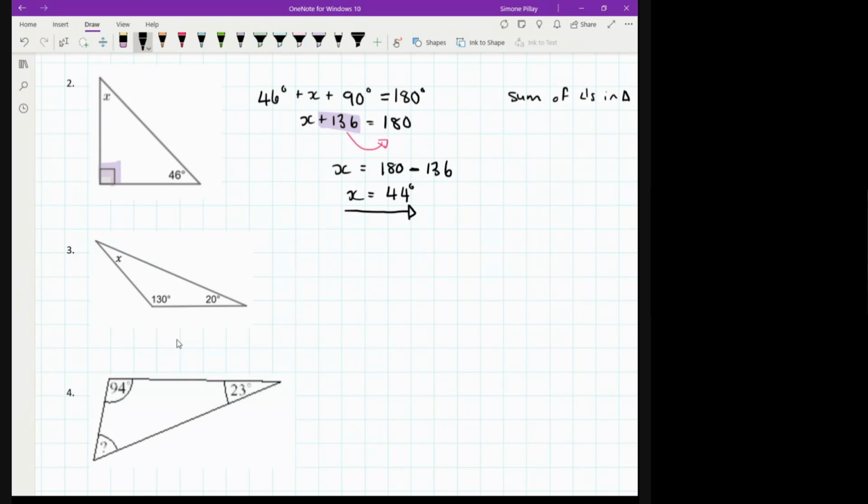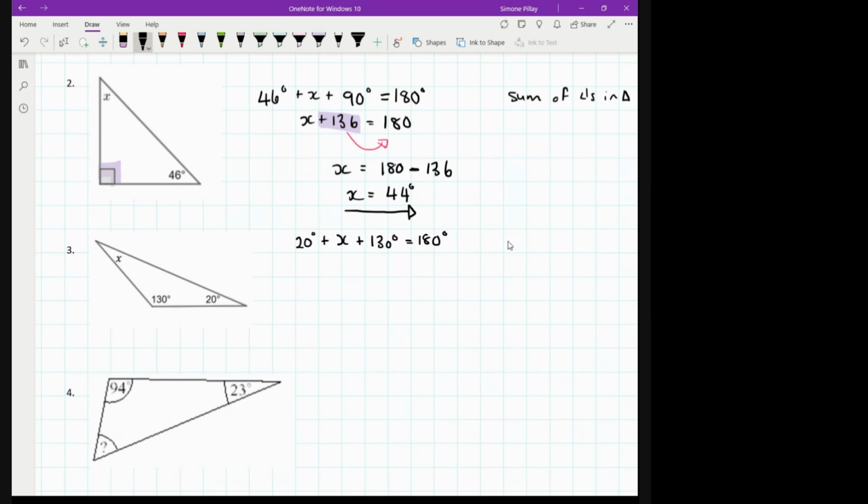In the meantime, Bree, hi again. For number 3, we're going to say 20 degrees plus x plus 130 equals 180.